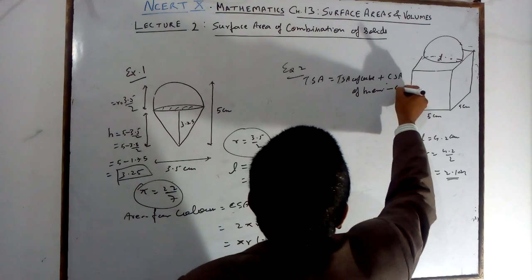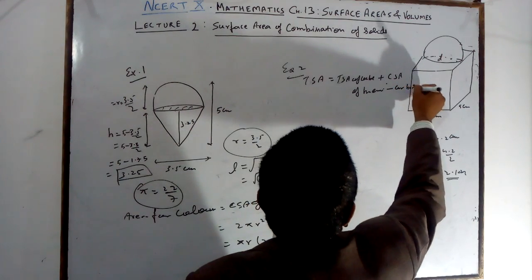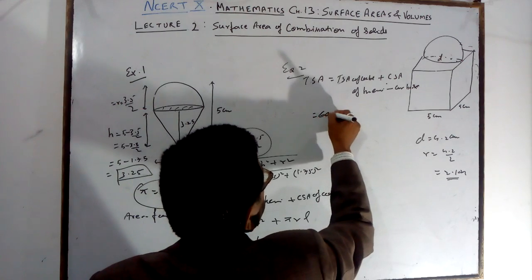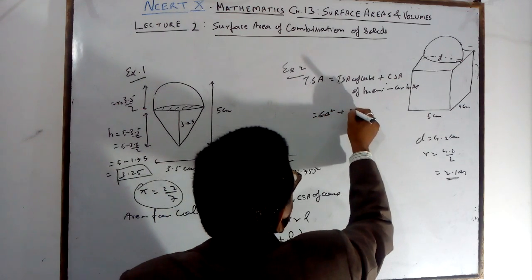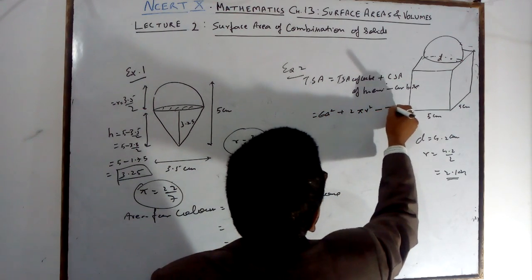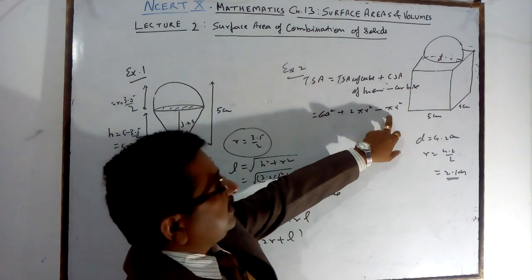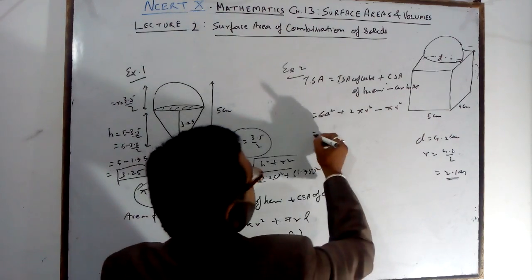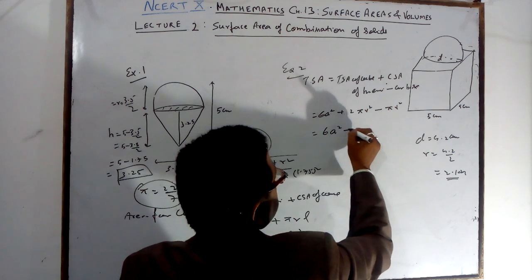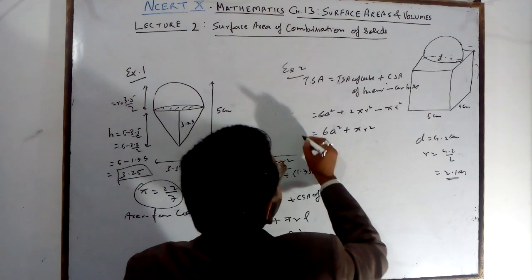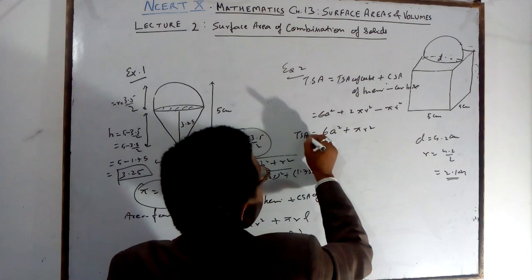What is the area of the base? That is called 6a square plus 2 pi r square minus pi r square. Area of the base of the hemisphere is subtracted, minus pi r square. So combining both, the formula you get is 6a square plus pi r square. It is the TSA of the solid.